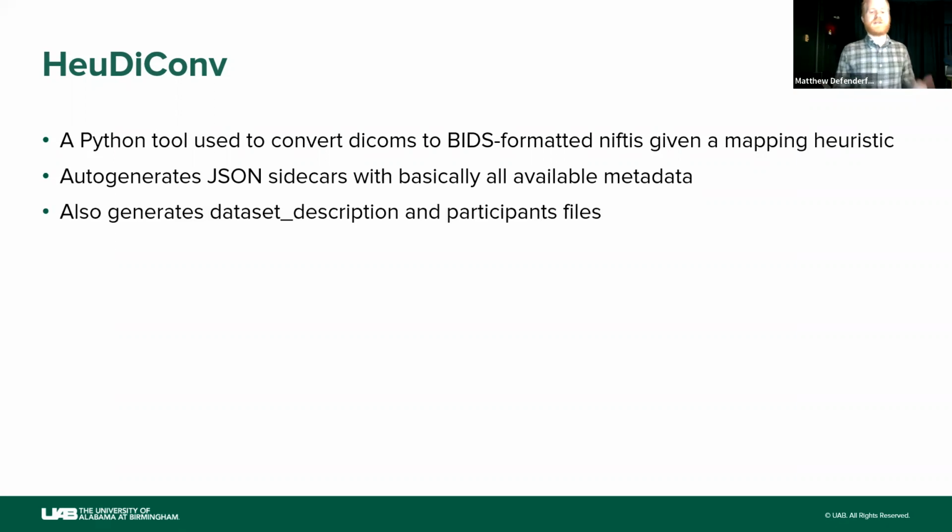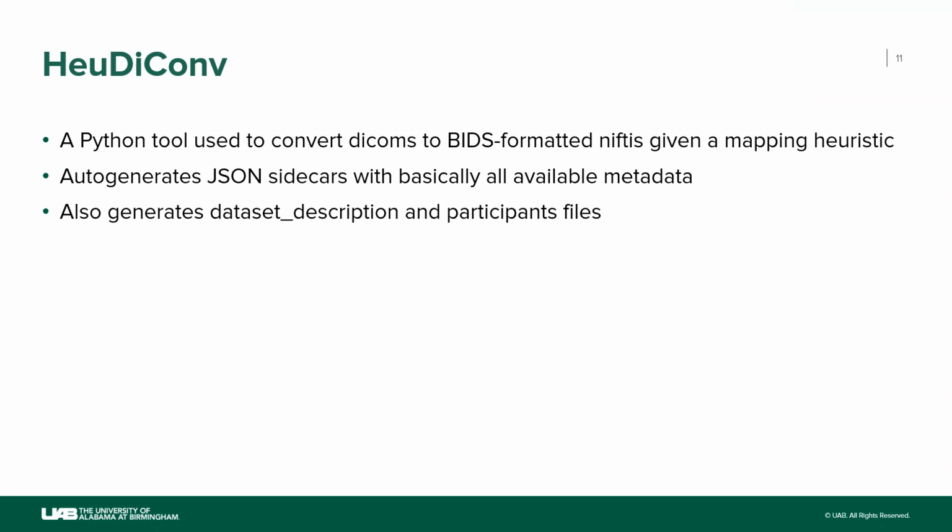It also generates generic dataset description and participants files for you all to go and edit later. One thing that is nice about it is that as you convert individual subjects to BIDS format, it adds entries for them to the participants TSV and JSON files automatically. It does not include the correct age, sex, handedness, or anything like that, because you're not giving it that information during conversion.